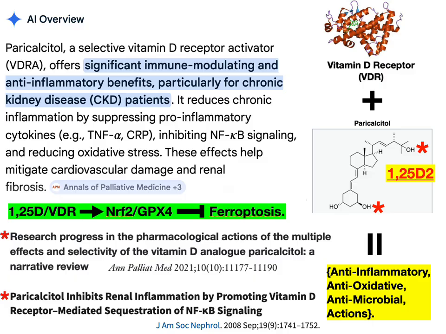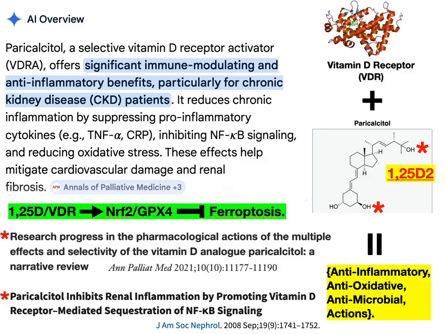And GPX4, as we have stressed on this channel, is a key enzyme to chemically reduce reactive oxygen species as well as peroxidated lipids, the latter being upstream drivers of a programmed cell death known as ferroptosis. So the anti-inflammatory, antioxidant actions of paricalcitol help mitigate cardiovascular damage and renal fibrosis.